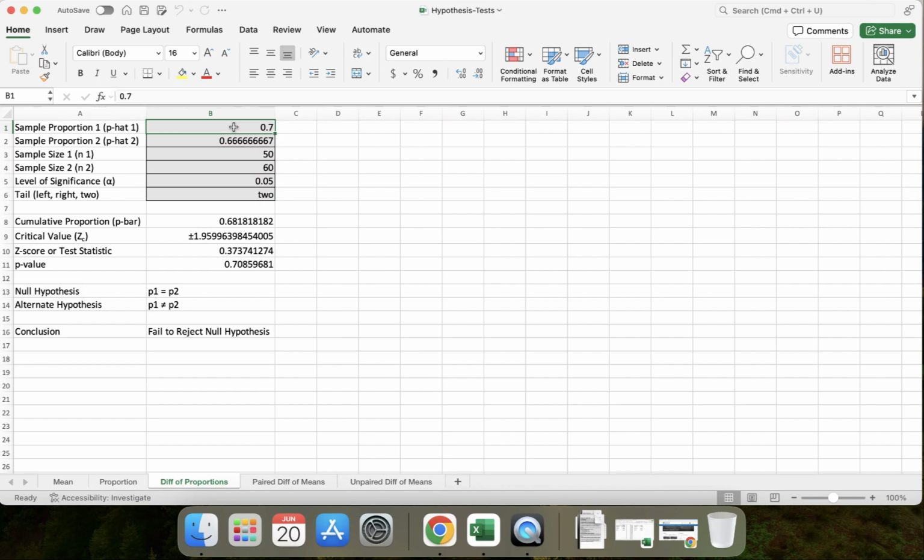So I'm just going to write those down here. So p hat 1, which is the new one, p hat old, n, the new one, n for the old one, the level of significance, and the tail we know is right tail. Okay, so just copying those down from the Excel sheet.